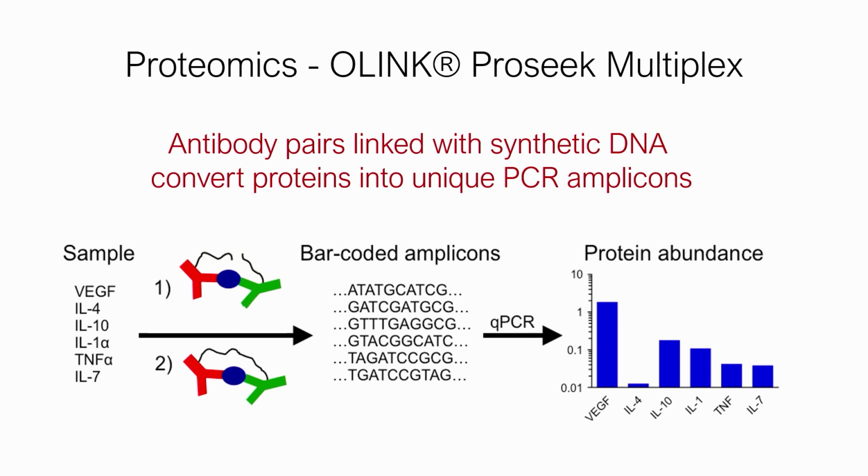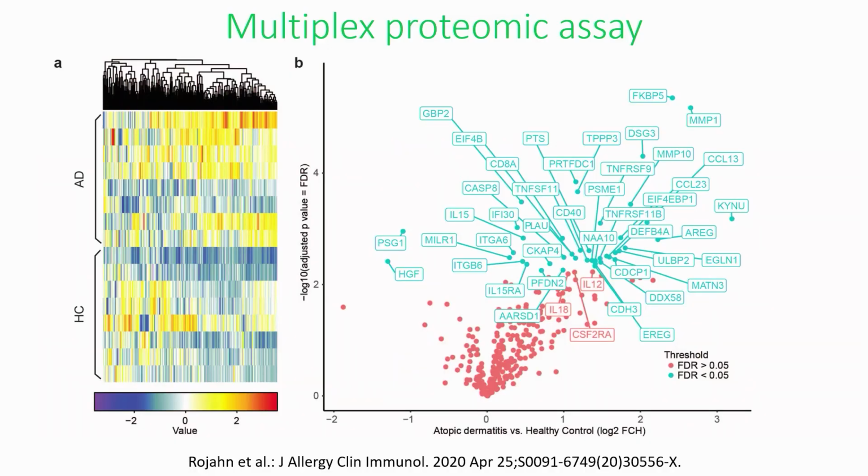And then it's not read out via a proteomic approach, but via a qPCR approach, and with this you can calculate the protein abundance. So multiplex assays are much more straightforward and much easier to use, and with this you can get a lot of information and can of course calculate different protein concentrations in different samples.